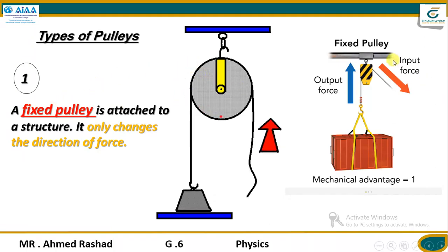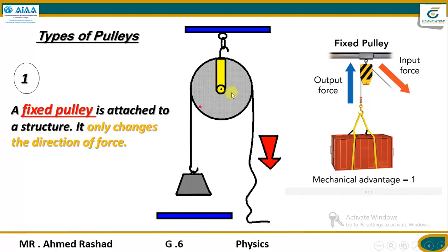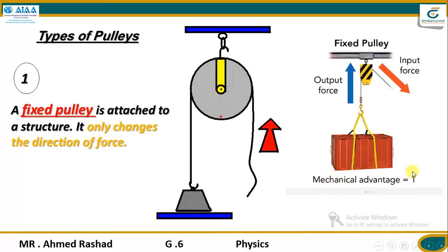It is not changing the position of the pulley, and it only changes the direction of input and output force, and the mechanical advantage equals 1. This is type number 1.